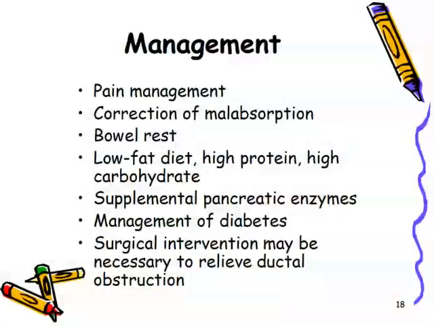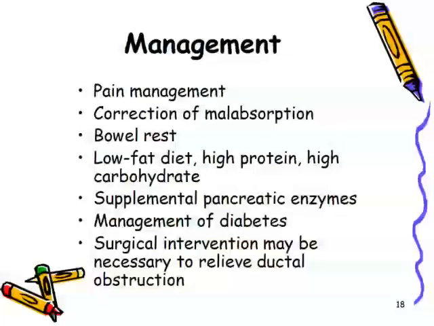So surgical interventions may be done to relieve obstruction if that's the cause, and otherwise the goal is basically to try to also decrease gastric acid secretions. So these patients may need to be on H2 blockers such as Tagamet and Zantac, and also proton pump inhibitors such as Prilosec.